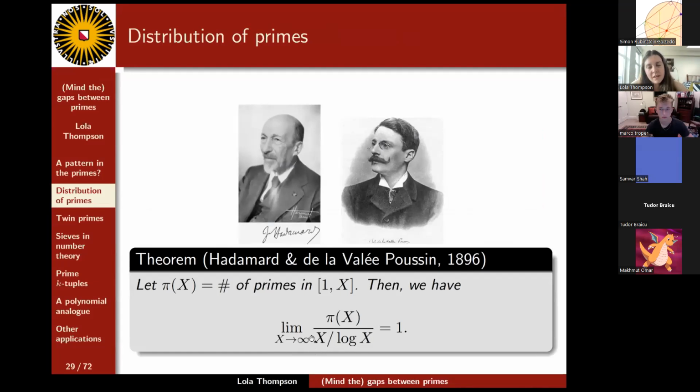If you've taken calculus, it means you take the limit as x goes to infinity of the number of primes up to x divided by x over the natural logarithm of x, and that is equal to 1. And when we see that this limit is equal to 1, it tells me that the function in my numerator and the function in my denominator grow at the same rate. In other words, pi of x behaves like x over log of x.